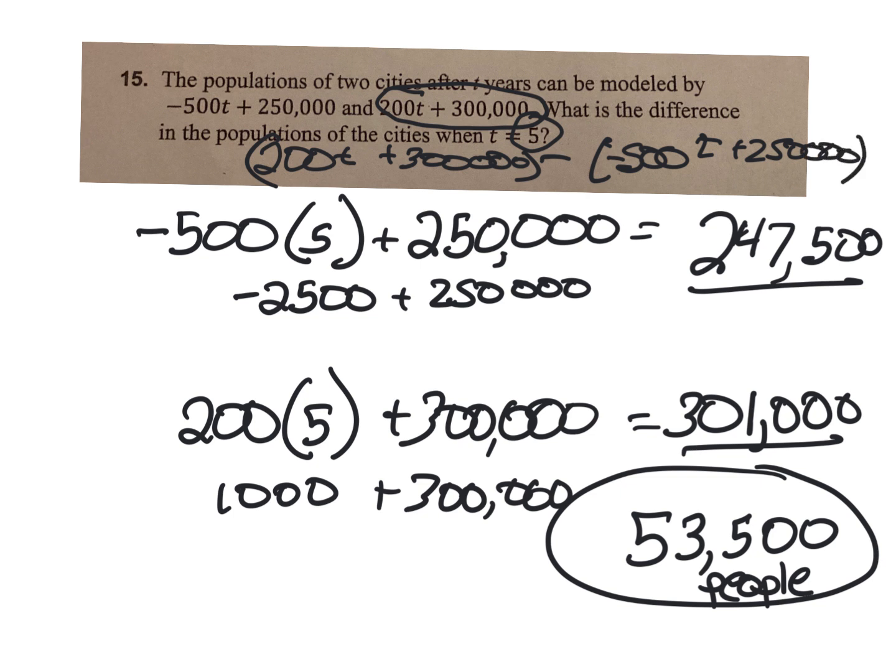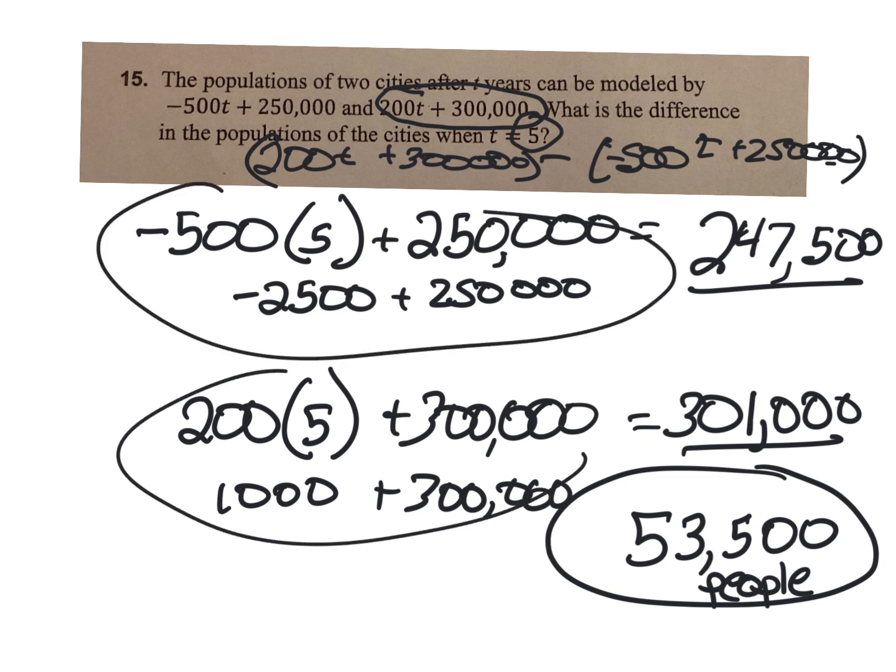And then when you put all that together, you'll get something t plus another number, or possibly minus a number, however you put those together, and then you put in your t. I decided to just go right to finding one population, finding another population, and then finding the difference between those two. Okay? All right, hopefully this gets you ready.